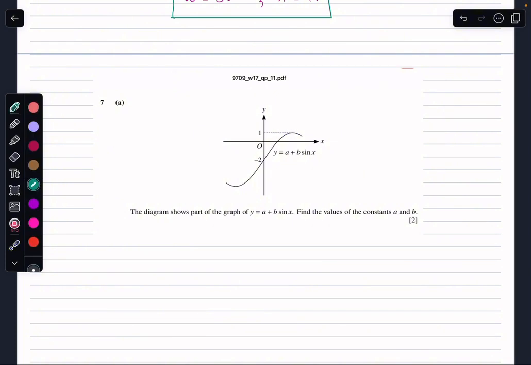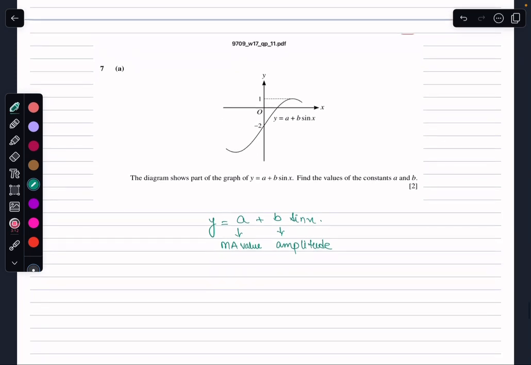So again, it's the same very easy concept that we should be following. y equals a plus b sine of x, where we know that b has to be the amplitude or the stretch along the y-axis, and a has to be the mid-axis value, or the translation along the y-axis here.